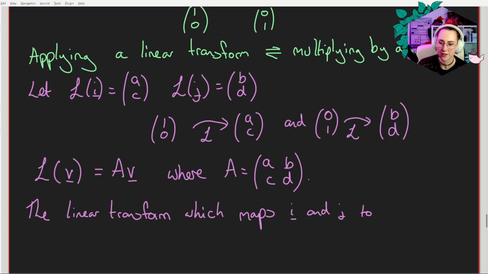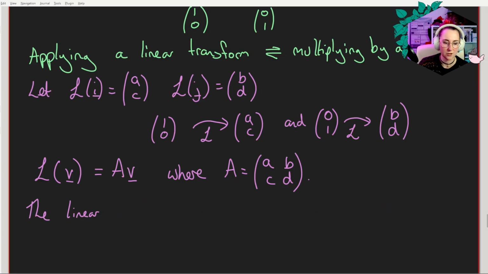Essentially, the columns of the matrix that is the linear transform are what I and J get mapped to.